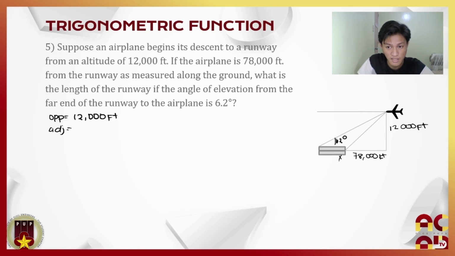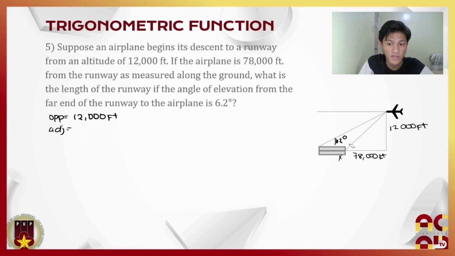Bakit? Kasi ang angle natin ay nakasama sa runway. Pwede nating sabihin na adjacent is 78,000 feet kung ang angle ay nandito. But, hindi ganun yung case natin sa sample problem na meron tayo. So, ang angle natin ay nandito, kasama ng runway.